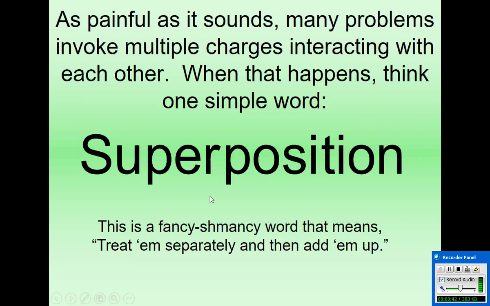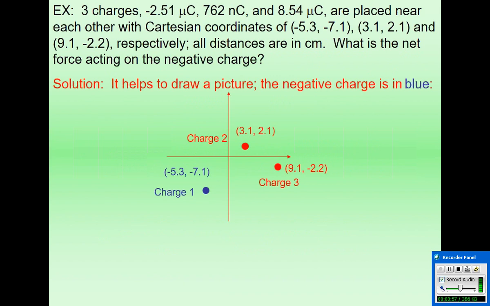The treat them separately part, well, you just do things one at a time, and we'll see examples of doing that. The add them up part, because of the vector nature of forces, that can be a bit painful. Let's take a look. Here is a Cartesian coordinate system, and within the region are placed three charges.